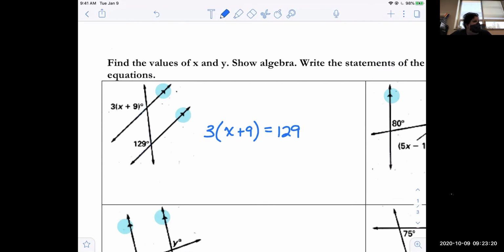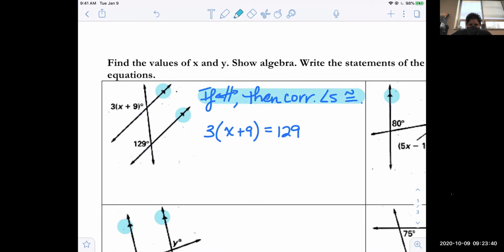Tell me the theorem that you would write. If parallel lines are cut by a transversal, corresponding angles will be congruent. So that's part of your answer, and then your solution is your other part. You can either distribute or you could divide both sides by 3.